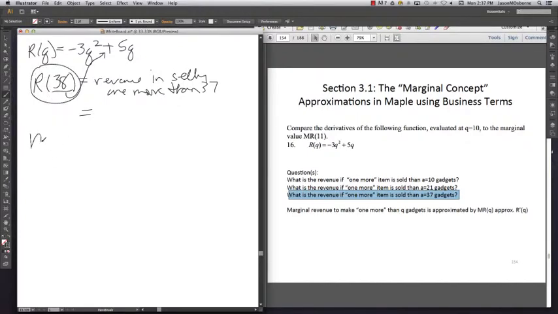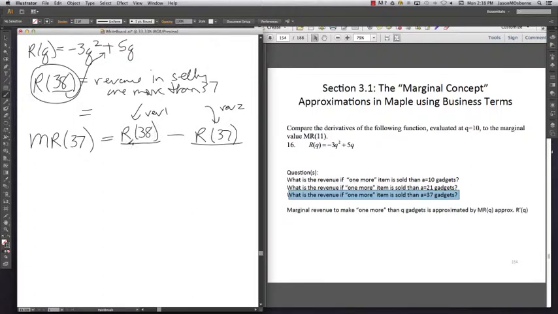If you want the marginal revenue for selling 37 gadgets, you would have to look at a difference of two revenues, revenue 1 and revenue 2. Which revenues do you use? The marginal revenue at 37 items means you need to find the revenue for selling 37 items, and then the revenue for selling 38 gadgets.